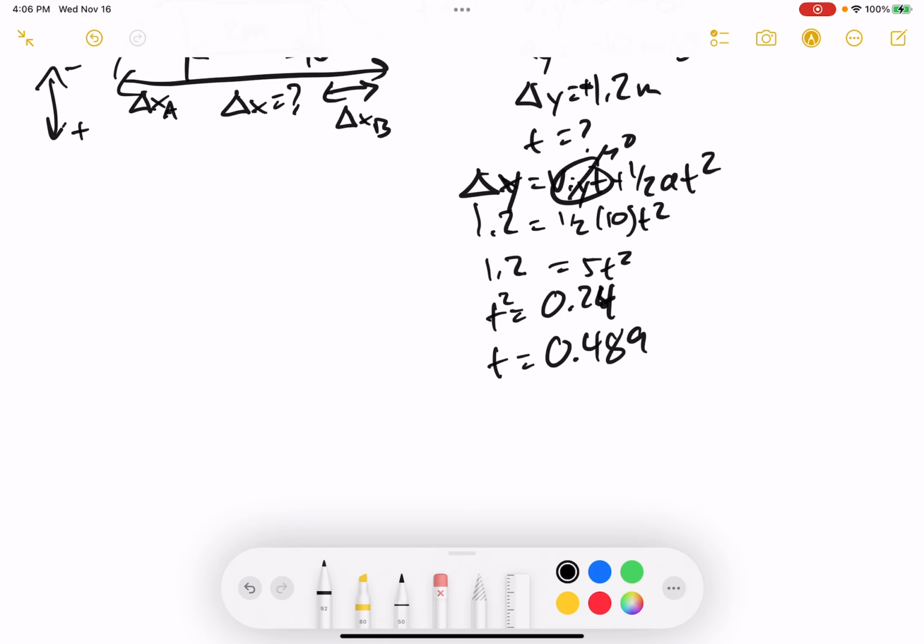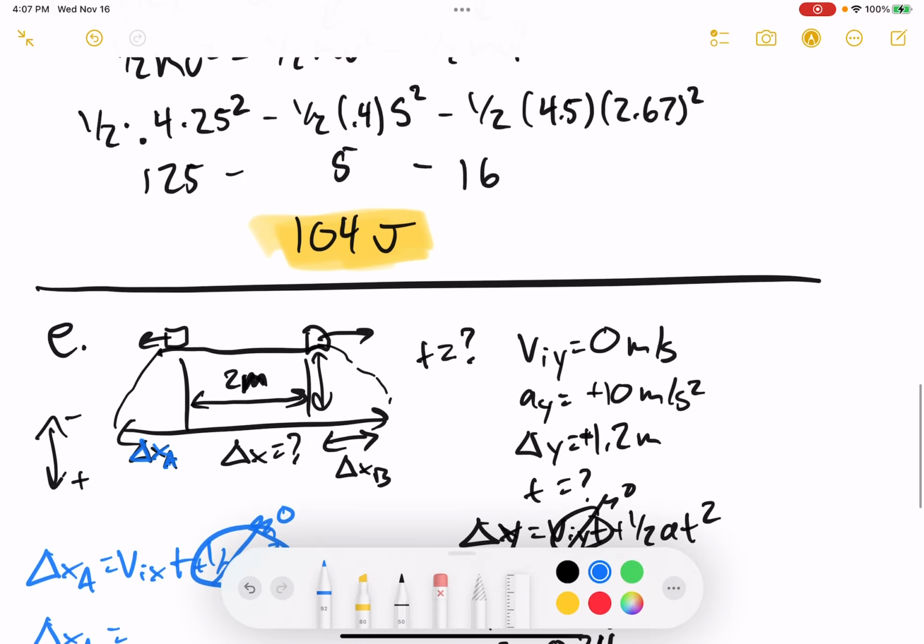Okay? So let's go ahead and look at this delta x for A. So delta x for A is going to be equal to, we're going to use that same formula. So I'll have v_ix times t plus 1/2 a t squared. I know that this part is all going to go to 0 because the acceleration in the x direction is 0. So I have delta x A equals v_i.